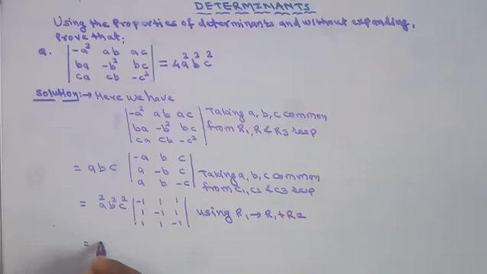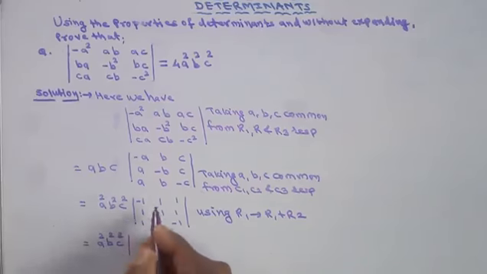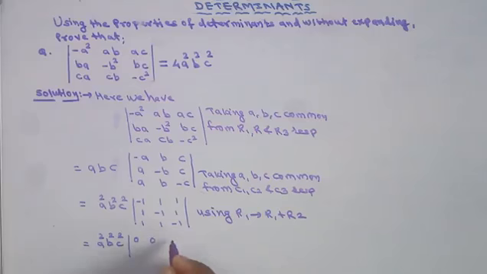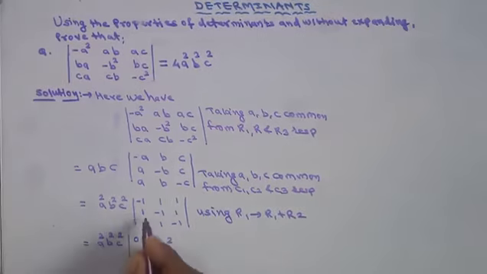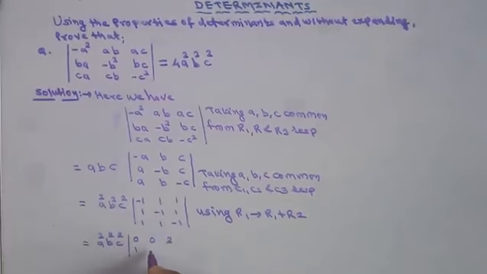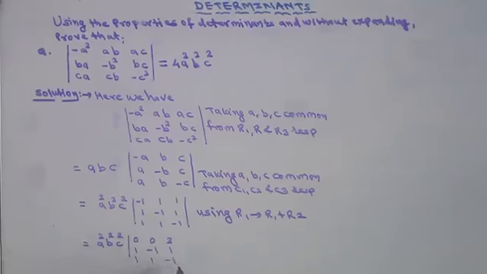Try to bring the maximum number of zeros so that it will be helpful to expand the determinant. So a square, b square, c square times the determinant: minus 1 plus 1 that is 0, this is 0 and this is 2. Then 1, minus 1, 1; 1, 1, minus 1 as it is.